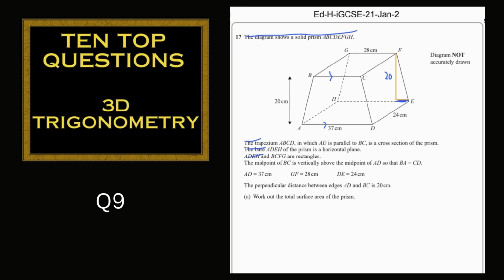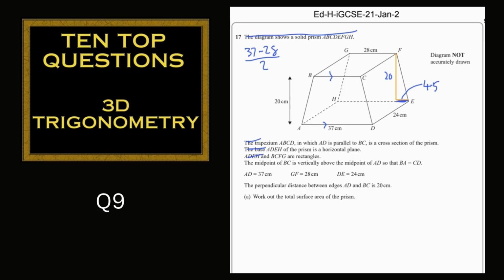Now, to find that, we're going to use the fact it's an isosceles trapezium, because 37 minus the 28 gives us 9. So the overhang is 9. And it's the same on both sides. So that little distance there is 4.5.